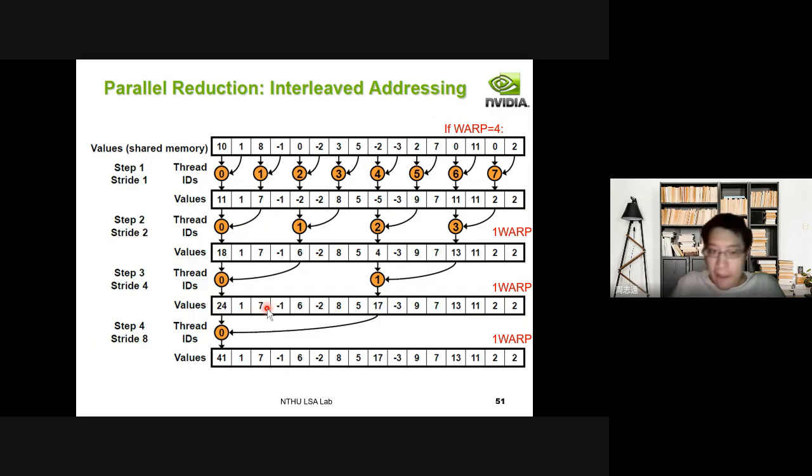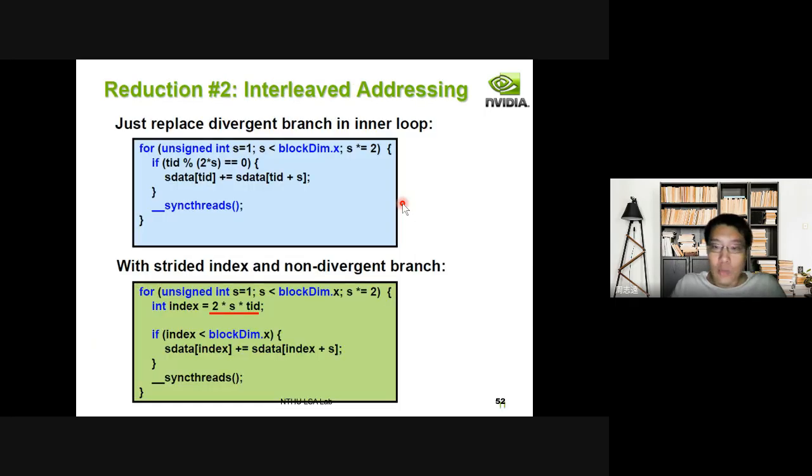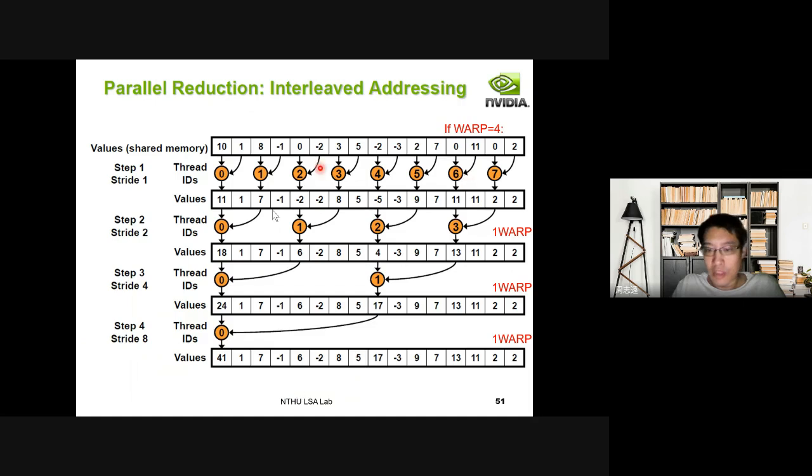You try to make sure you use consecutive threads from a warp. You can see here we only require 1 warp per layer, so it's much better than the previous case. The way to rewrite is to change the code from here to here. You can look at it afterwards and see if this code shows this behavior.